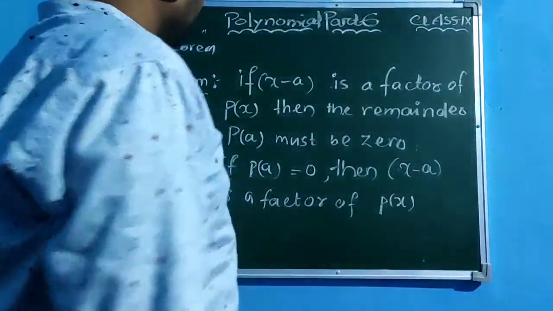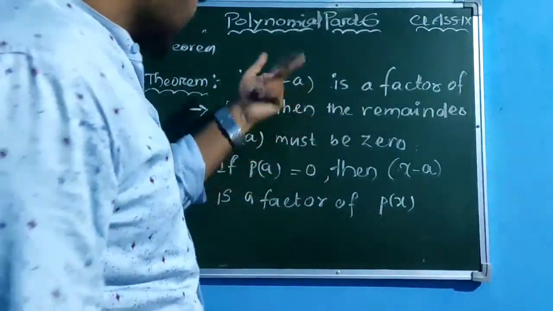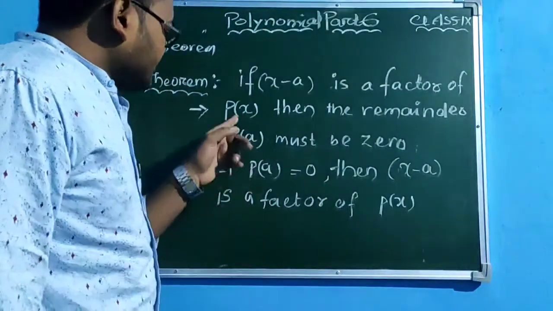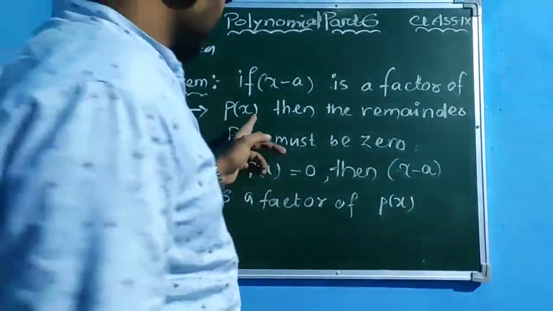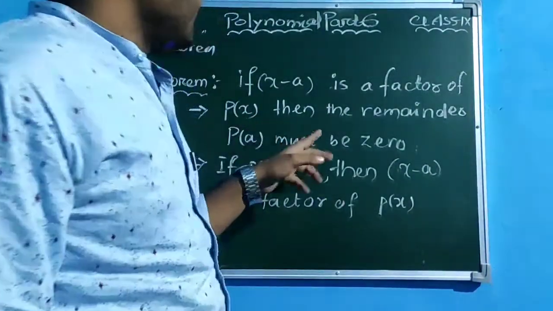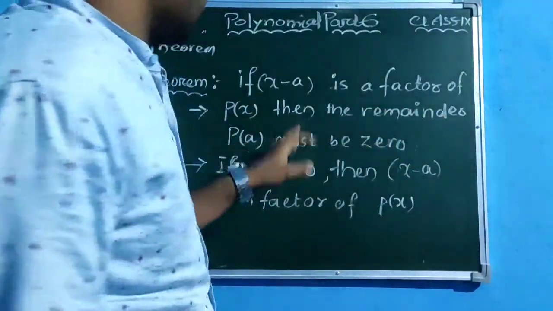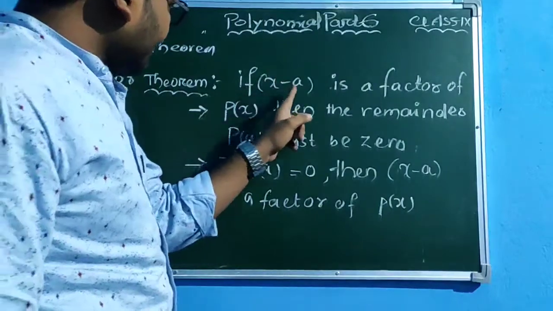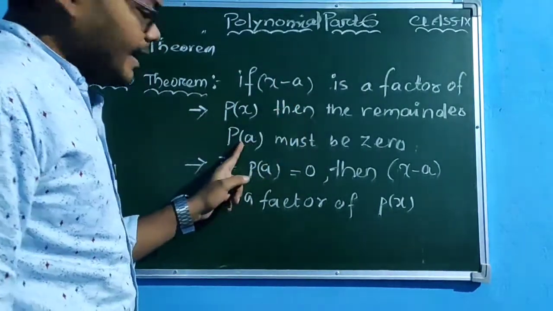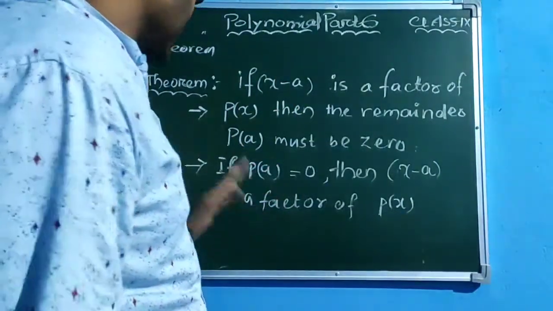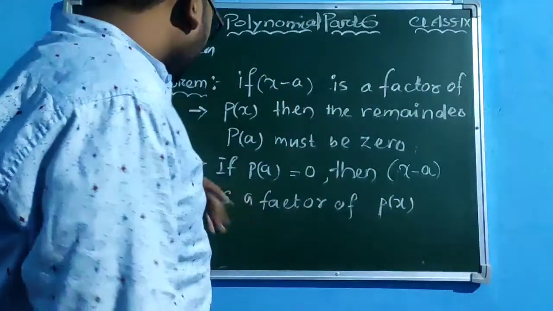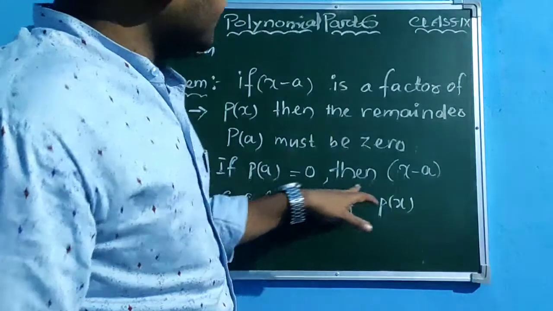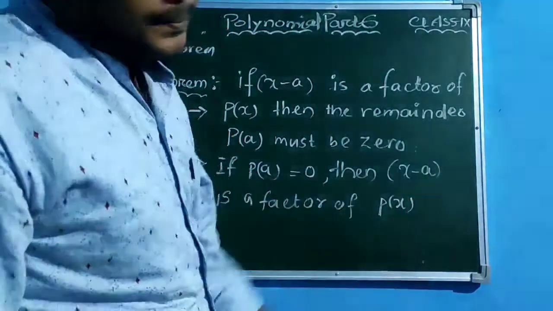Factor theorem: if x minus a is a linear polynomial and a factor of p(x), where the degree of p(x) must be greater than or equal to 1, then the remainder p(a) must be 0. अगर p(x) का फैक्टर x माइनस a होगा तो p(a) का वैल्यू 0 होगा. ओके, और उसको एक और तरीके से हम लोग बोल सकते हैं: if p(a) is equal to 0 then x minus a is a factor of p(x).